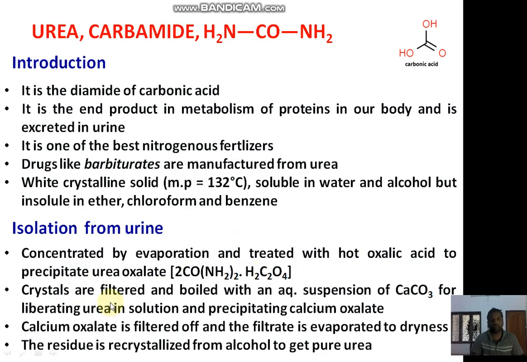These urea oxalate crystals are filtered and boiled with an aqueous suspension of calcium carbonate for liberating urea in solution and precipitating calcium oxalate. The oxalate part will precipitate as calcium oxalate, and the remaining urea will be in aqueous form.